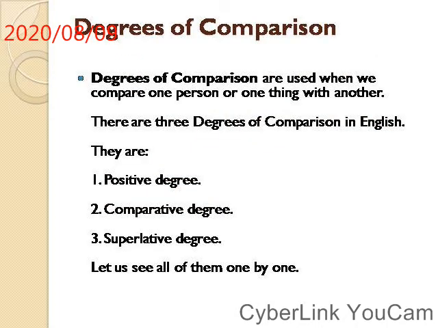Degrees of comparison are used when we compare one person or one thing with another. Okay, what is comparing? Juxtaposing one another is comparing.